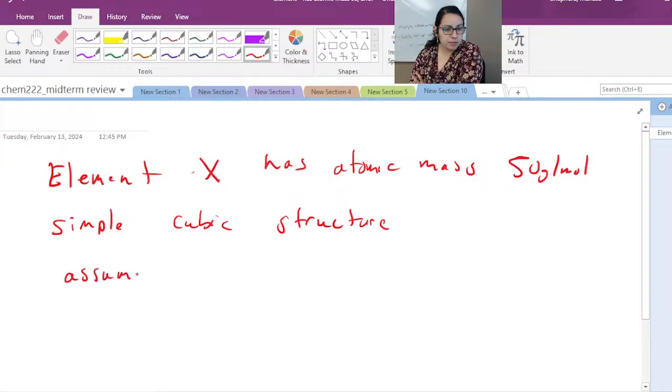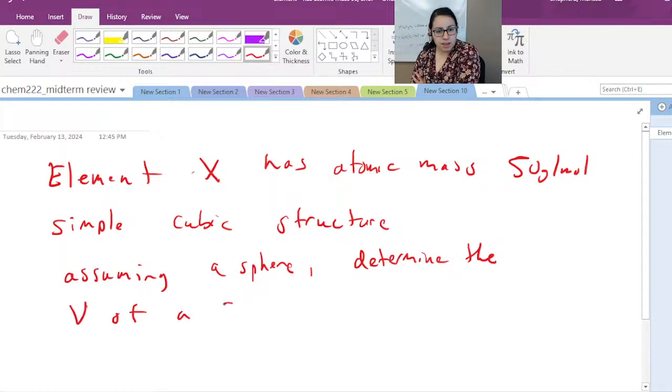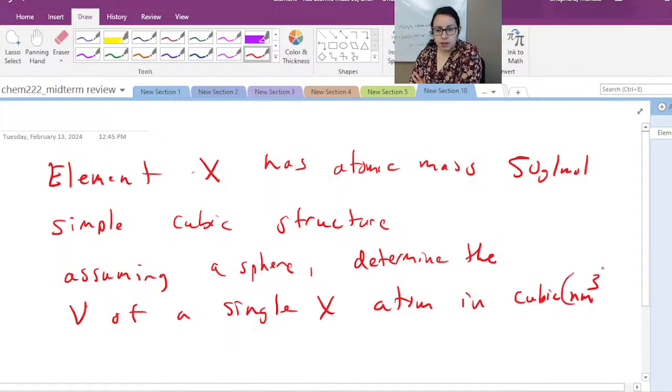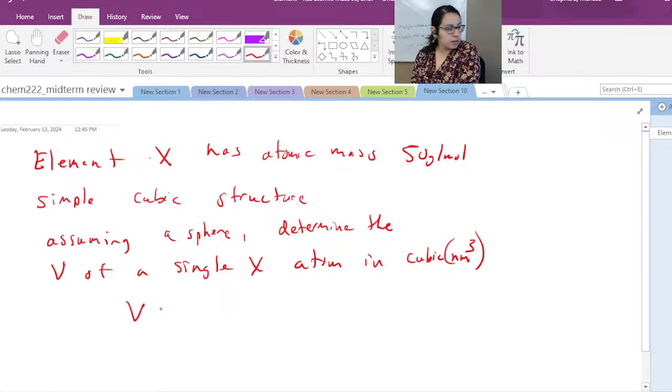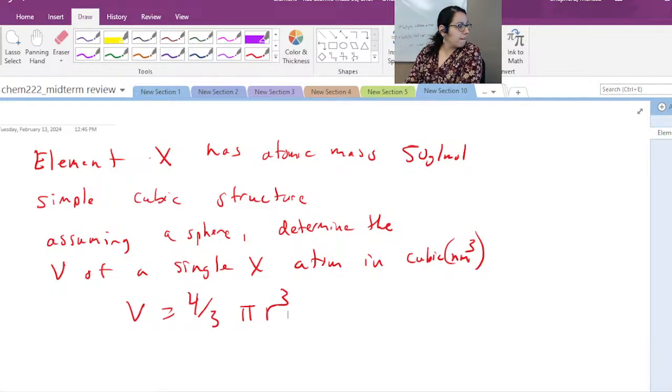Assuming a sphere, determine the volume of a single X atom, and we'll do it in cubic nanometers. I'll at least give you the volume: 4/3 pi r cubed for a sphere.